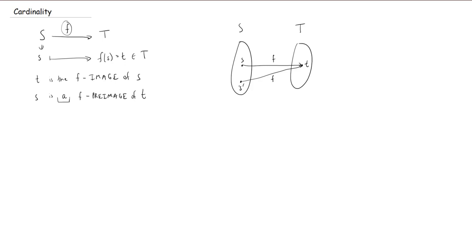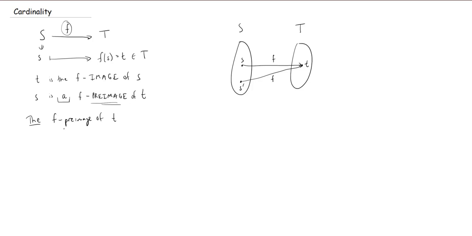Okay? Now there's a little bit of ambiguity in this terminology, because we could also ask for the preimage, or the f preimage of t. So if I write the f preimage of t, what I mean then is the entire set of preimages, using this meaning of preimage.